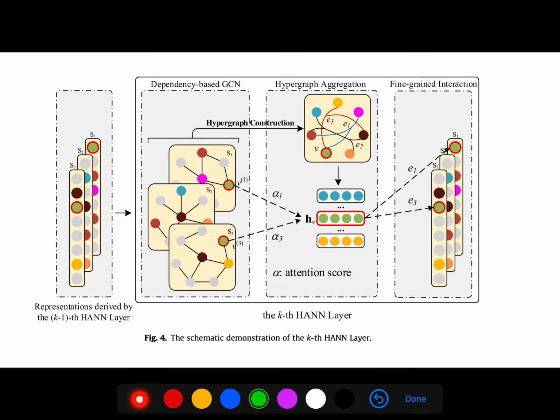So we use the hypergraph construction because this dependency-based GCN is still local, but the hypergraph aggregation makes it more global because we attend to different parts. And then we have fine-grained interaction. And this is the k-th HANN layer. You can repeat it several times.